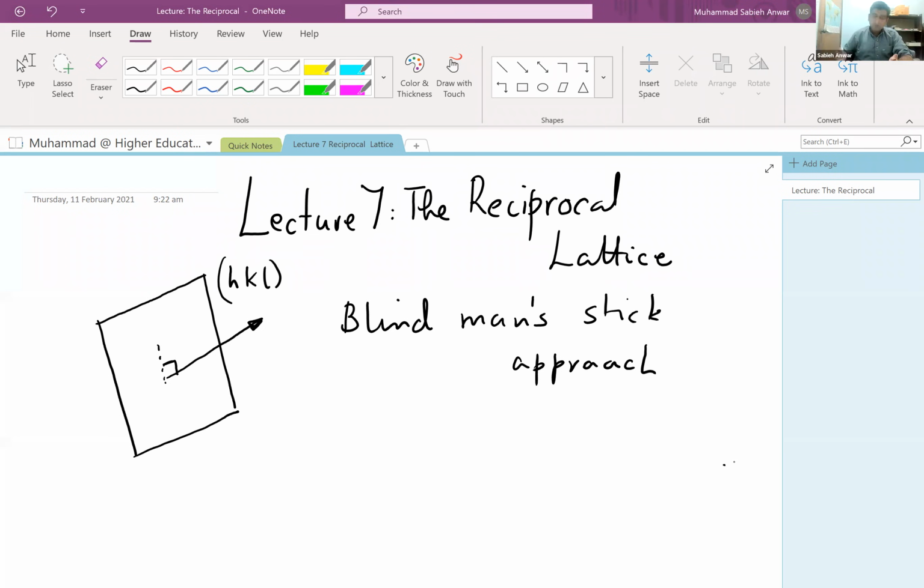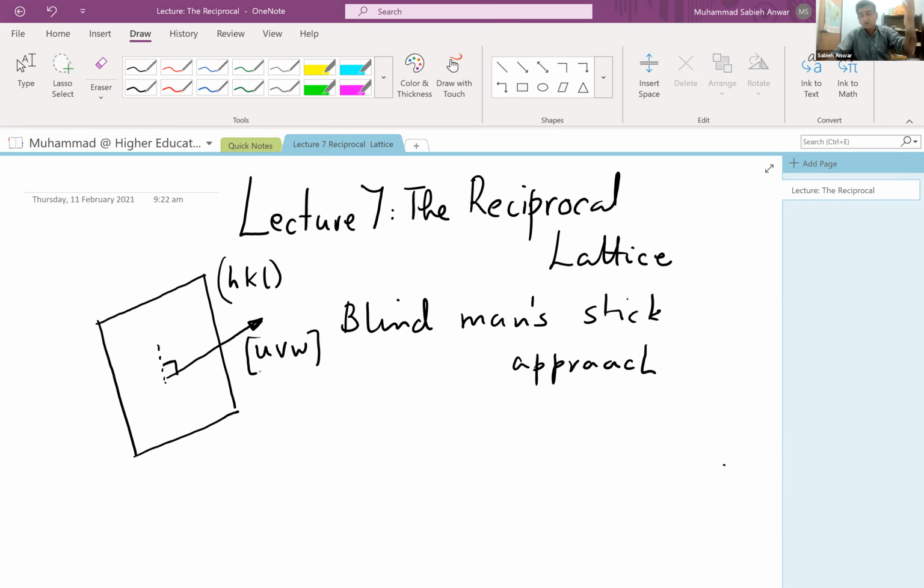Okay, so now we have a direction. Let's call that direction uvw. And we put this direction inside square brackets because we always put directions inside square brackets. Now, what I would like to propose is that if we have a vector that is normal to the plane, that vector is good enough as far as specifying the orientation of the plane.